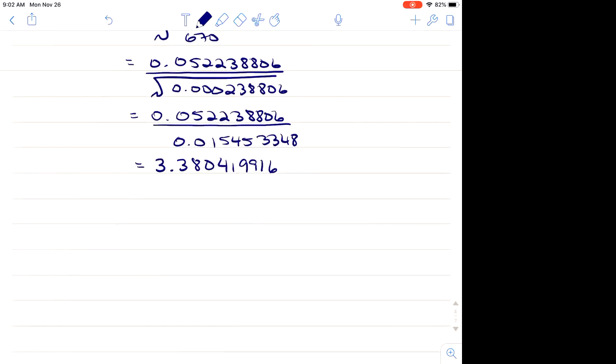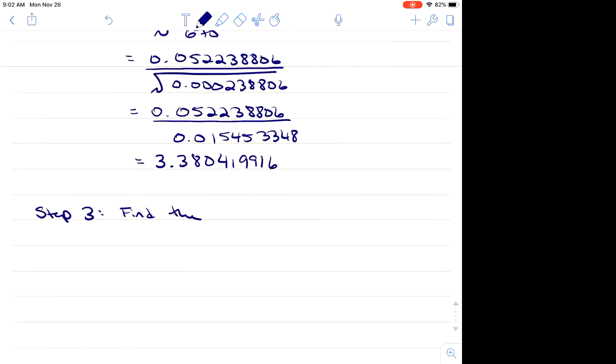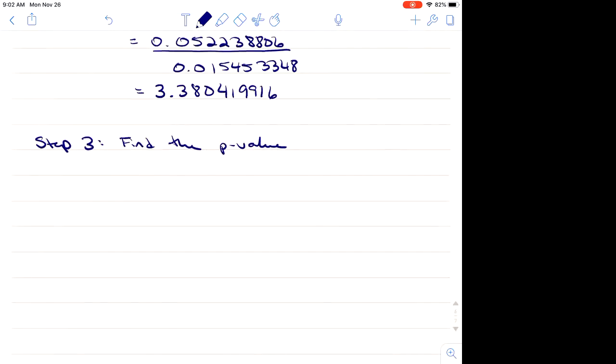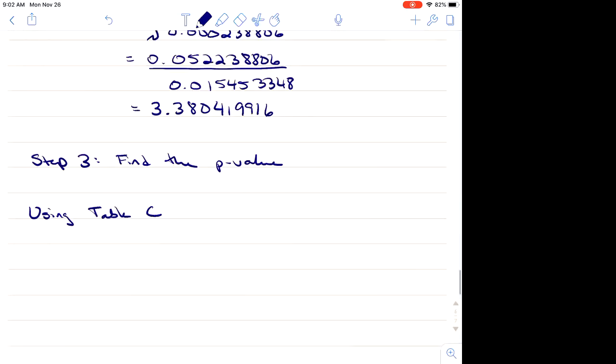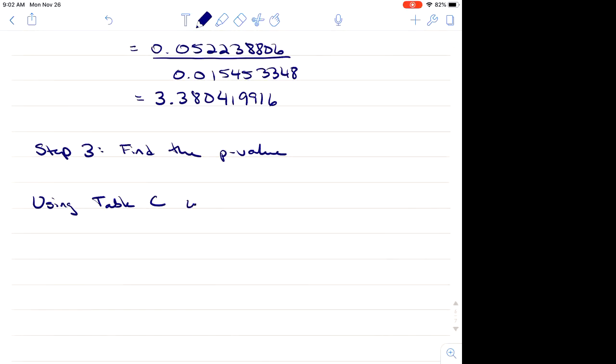So now that we have our Z, we're ready for step 3, find the p-value. Same blurb we've been using, so using table C. I was about to say with degrees of freedom equal to whatever, but we don't have any degrees of freedom, right?